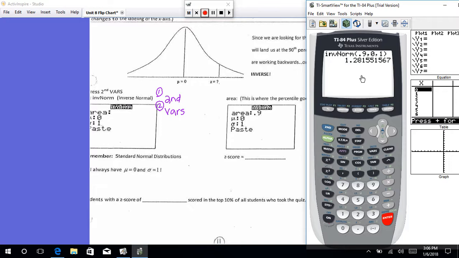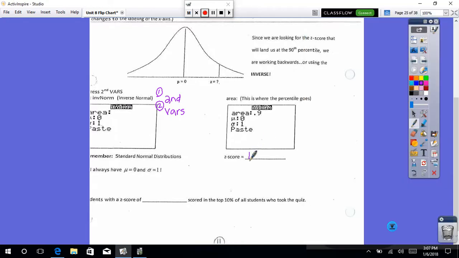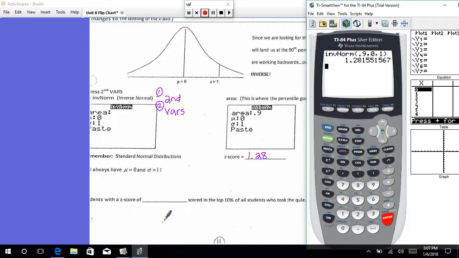So it has a z-score. Remember, z-score tells us how far away from the mean it is. So a 90th percentile has a z-score, or a standard deviation step, for lack of a better word, of 1.28.